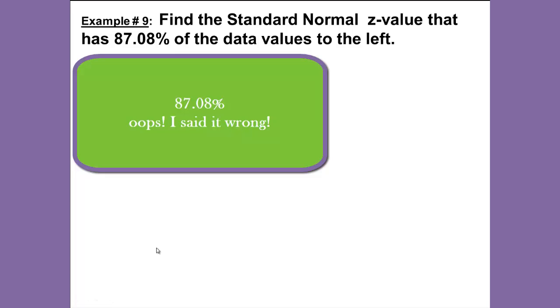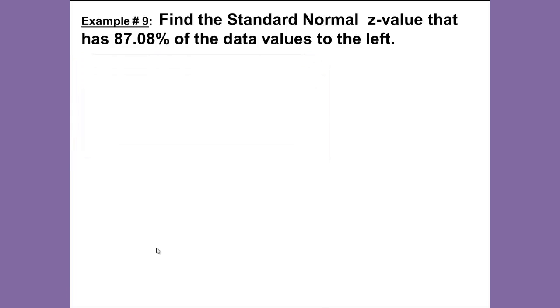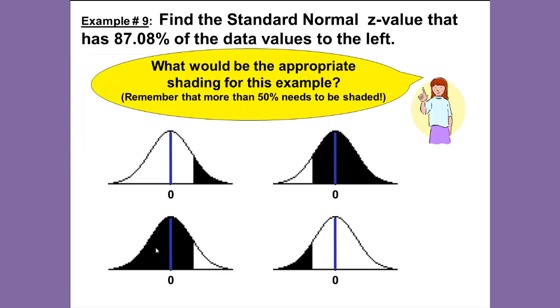Remember that as we look at our curves, the center marks the mean, and 50% of the data under the curve is to the left and 50% of the data is to the right. Our problem wants us to shade 87.08% of the area to the left.